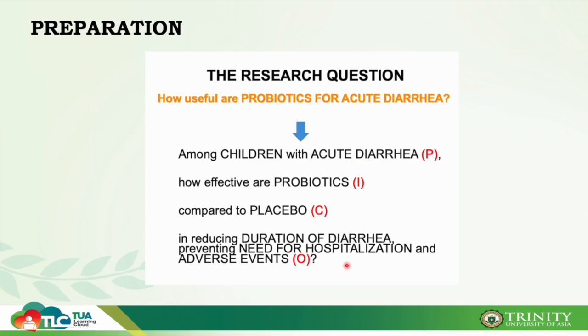Tapos mag-search ka na ng articles about use of probiotics in children in different locations, in different settings, in different countries. Yun. So once you gather all your literature, pwede mo na siyang i-analyze, i-correlate, and then look for research gaps or look for strong evidence that will support your research problem. And that is it. That is your systematic review.